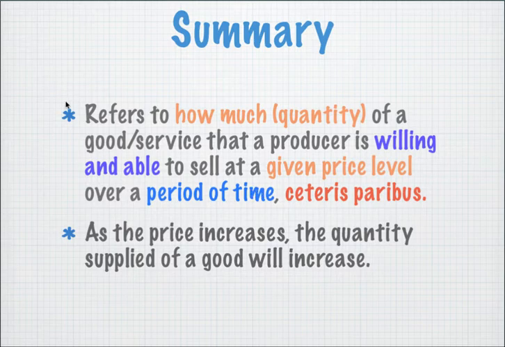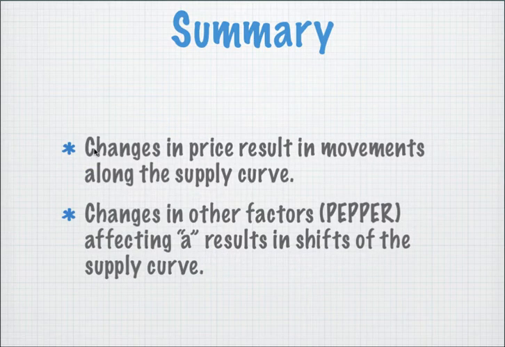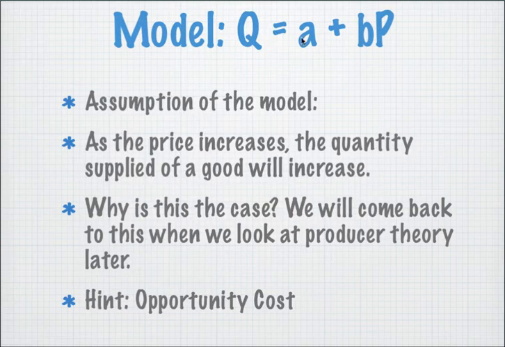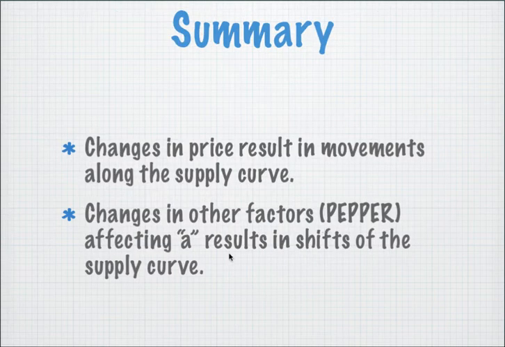As the price of a good increases, the quantity supplied of a good will increase. Changes in price will result in movements along the supply curve, and changes in other factors, try and recall what they are, affecting this component of the model that we're looking at, will lead to a shift of the supply curve.